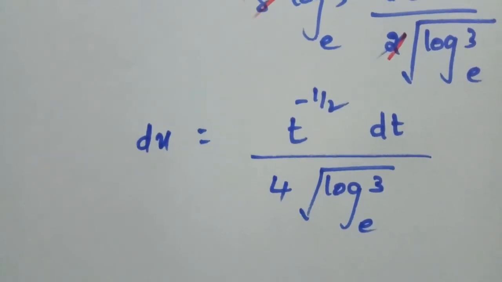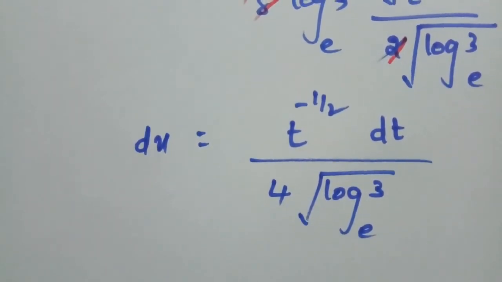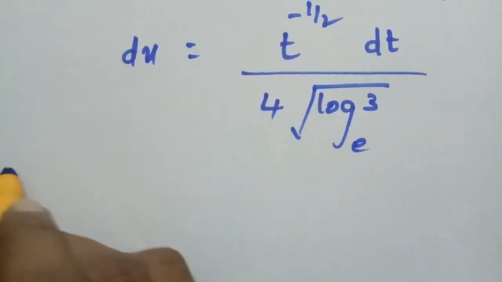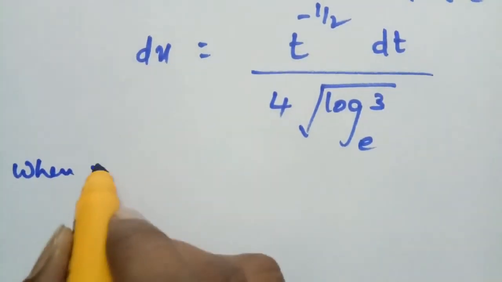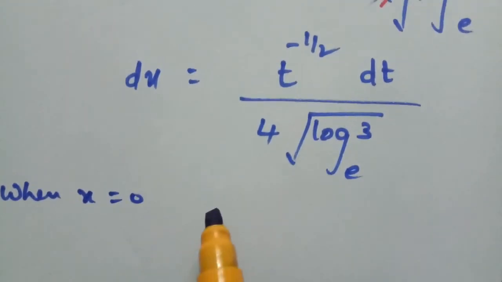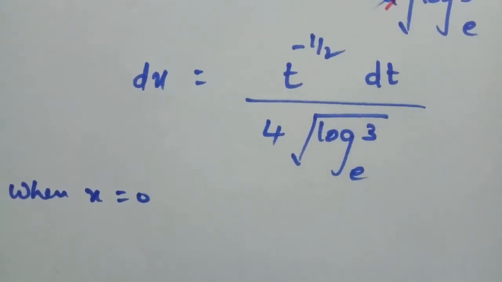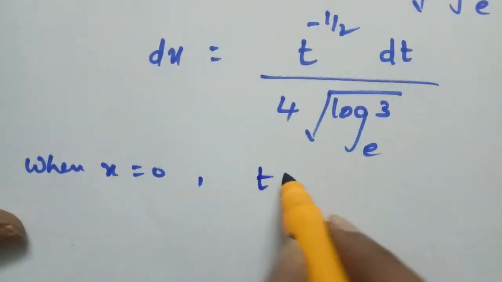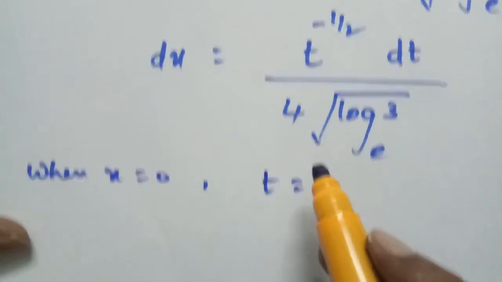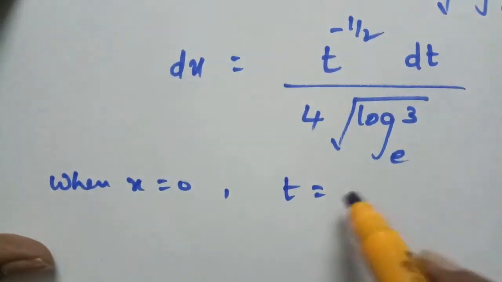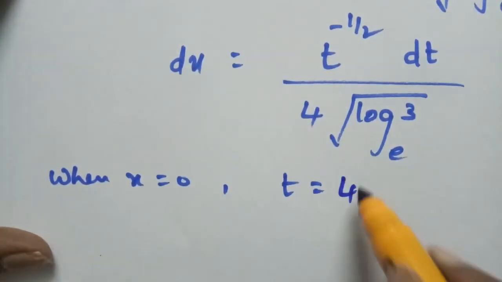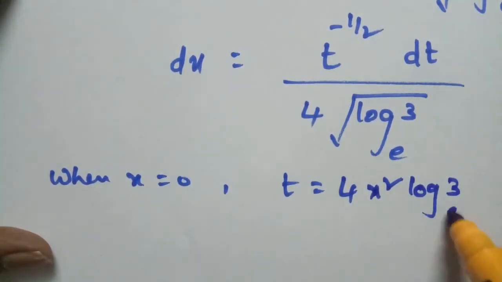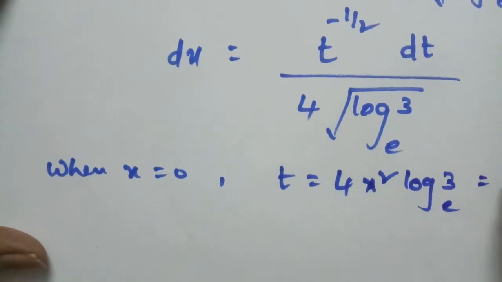Therefore, the limits: the lower limit of the given integration is 0, the upper limit is infinity. When x is equal to 0, t is equal to 4x square log 3 base e, that is equal to 0.